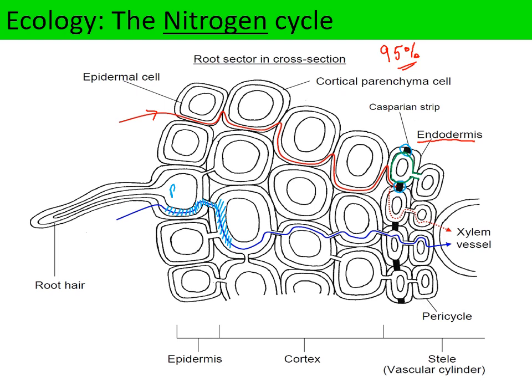So we've got the root hair cell on the left. Water and minerals enters the cytoplasm. It goes down through the plasmodesmata into the adjacent cortex cell. It gets drawn across the cytoplasm down a water potential gradient.